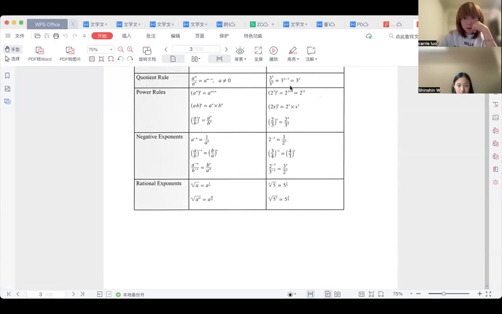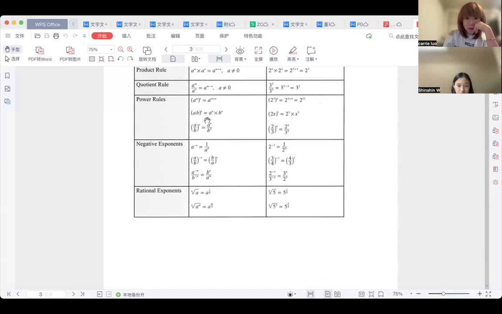The thing that gets more complicated is here. When you already have a fraction with a negative power, it gets more complicated, okay?